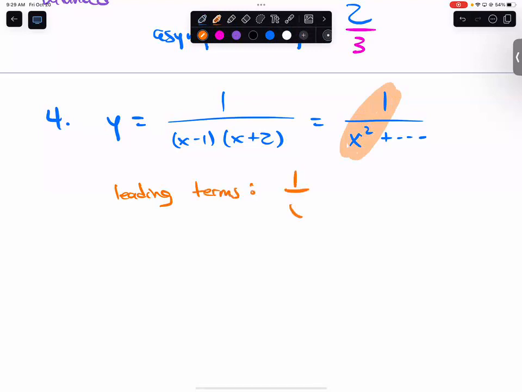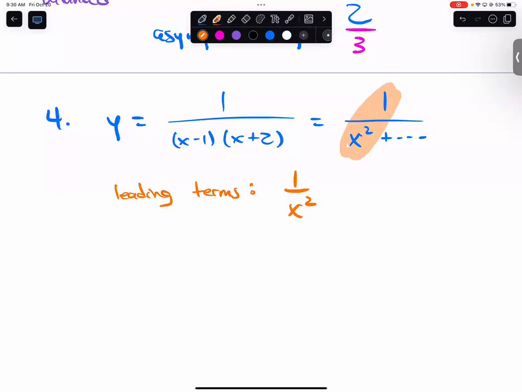So the leading terms, 1 over x squared. Can we do anything to simplify that, like we did the last one? No, right? It is what it is. It's already in lowest terms. I can't reduce or cancel anything. It's just 1 over x squared.